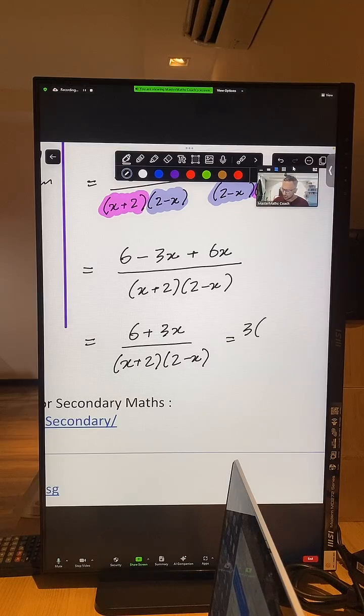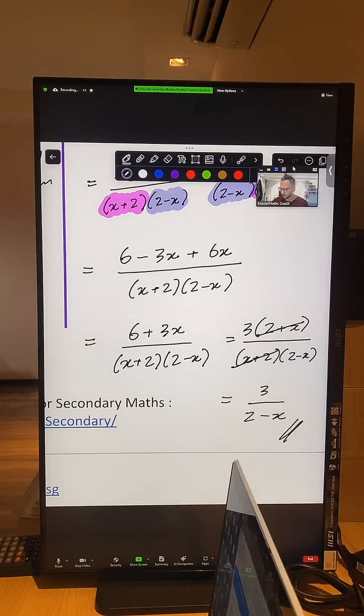If I pull out a 3, I get 2 plus x. Cantik. Why I say cantik? Because now I can cancel this, I can cancel this. So my final answer will be 3 over 2 minus x.